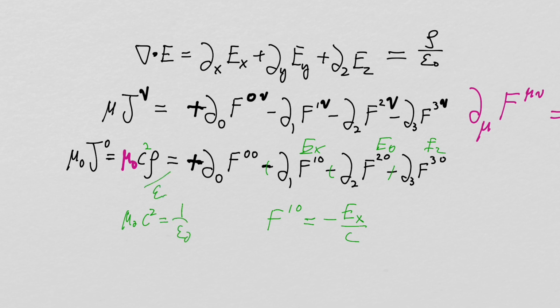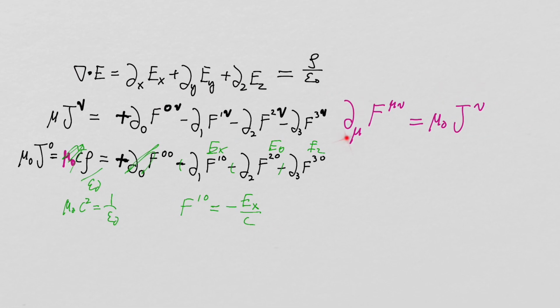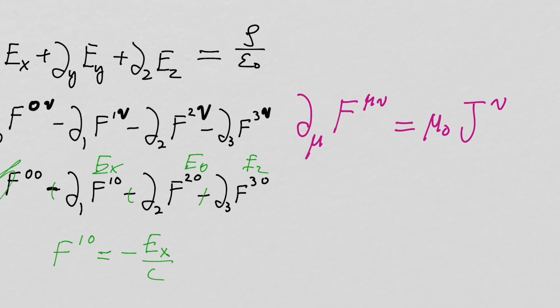So this becomes epsilon naught. That goes away. This is gone. And what do we have left? We have exactly this divergence equation. So the 0th component of this form of Maxwell's equation, and when I say 0, it looks like, well, wait, you need to specify mu. But no, this is a dummy index here, so this is completely contracted away.